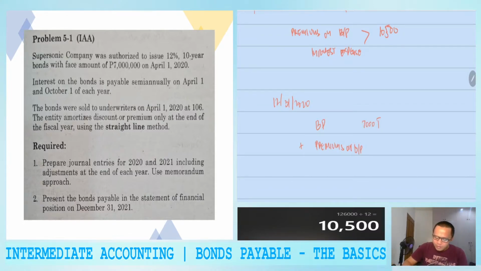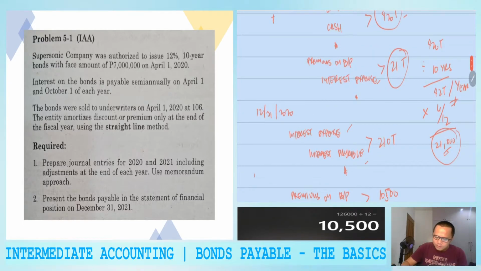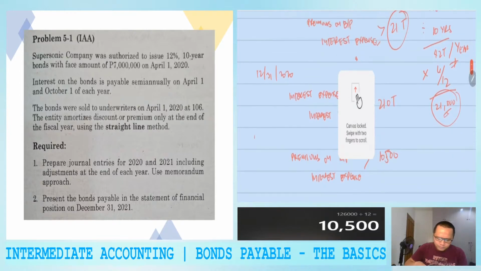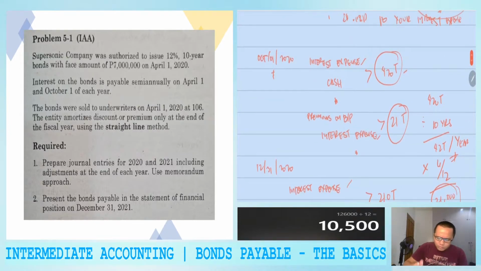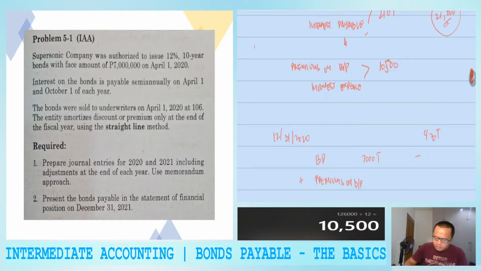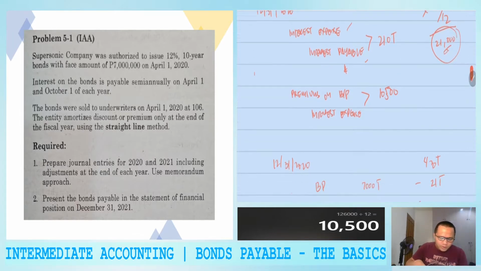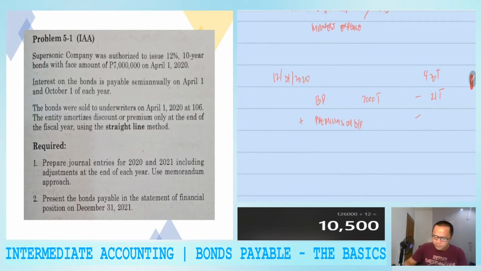But we have to remember that if we have started at 420,000, then we have already amortized 21,000 on October 1 and 10,500 on December 31.